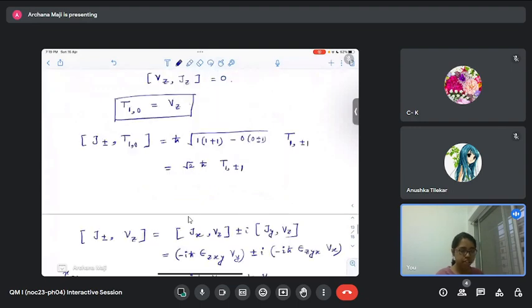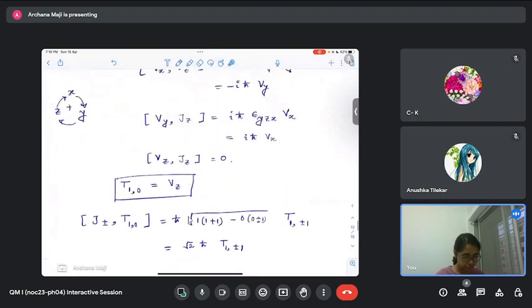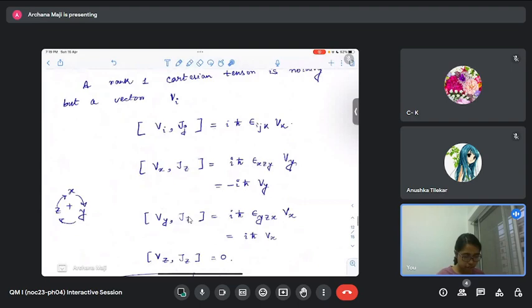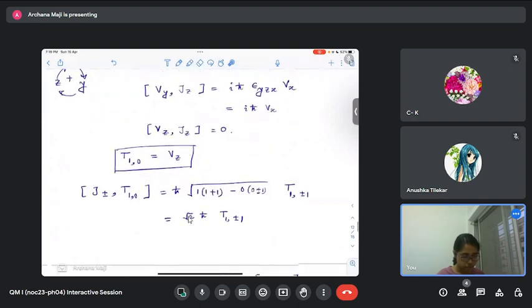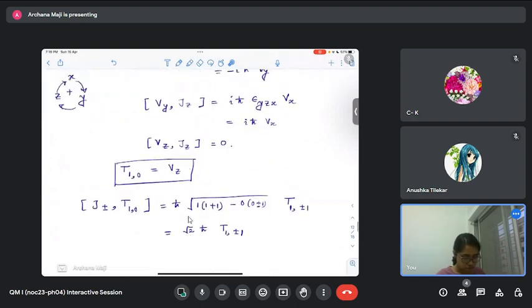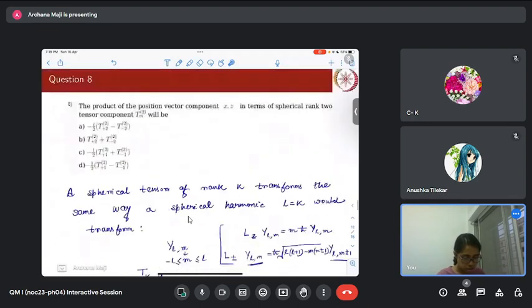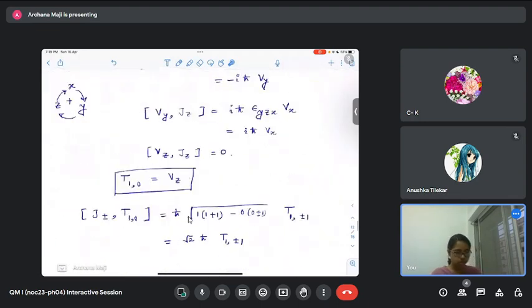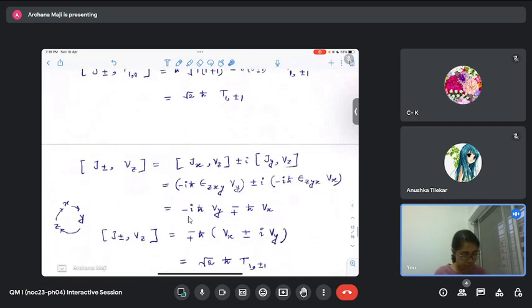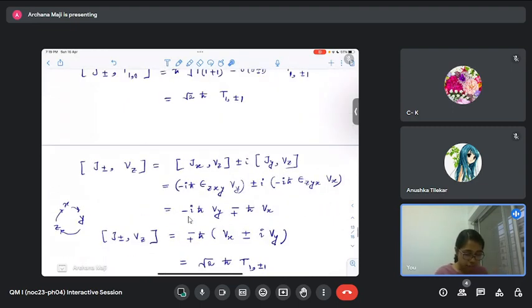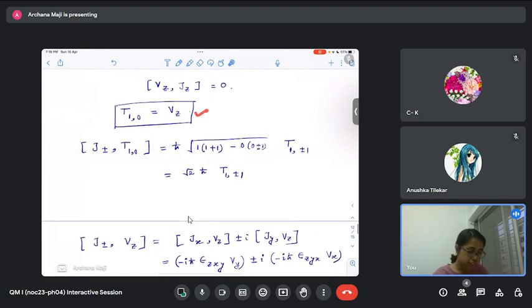So what we have achieved, let's understand that, because a lot of calculation might make it difficult to understand the bigger picture. What we have done is written down the spherical tensor of rank 1 in terms of the Cartesian tensor of rank 1.